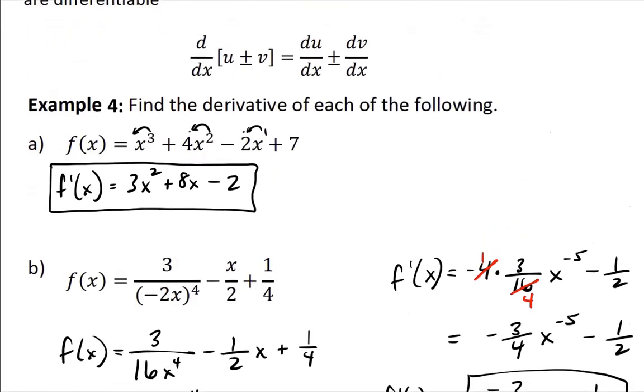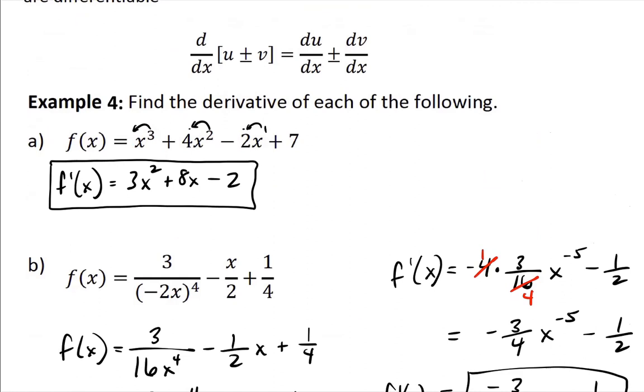Sum and difference rule. We're adding two things up. We just find the derivative of one, find the derivative of the other, add them together. But the difference here was they told us what they were. They told us it was x cubed, 4x squared, negative 2x, positive 7. They told us all that, so we use the power rule. Well, now we don't have that, but we can still use the power rule.